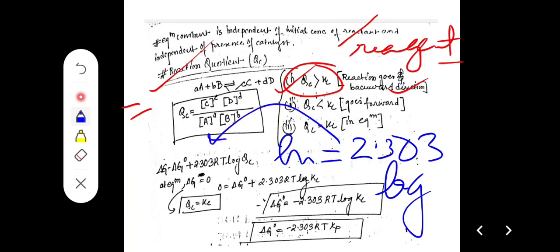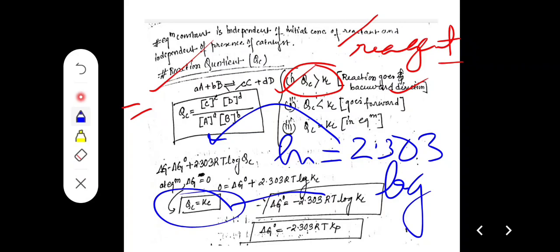At equilibrium, the overall Gibbs free energy, not the standard state, is normally 0. In that case, Qc equals Kc, so we can put Kc in place of Qc. So we get 0 equal to del G0 plus 2.303 RT log Kc. Del G0, the standard Gibbs free energy, is not 0; it has a value. But only del G is 0 at equilibrium.